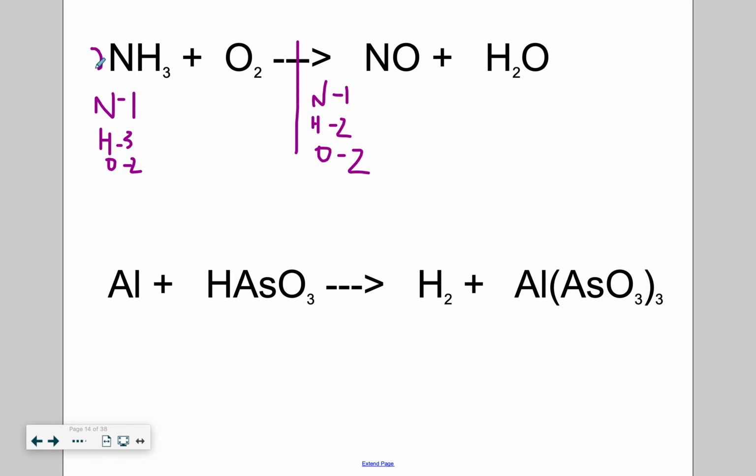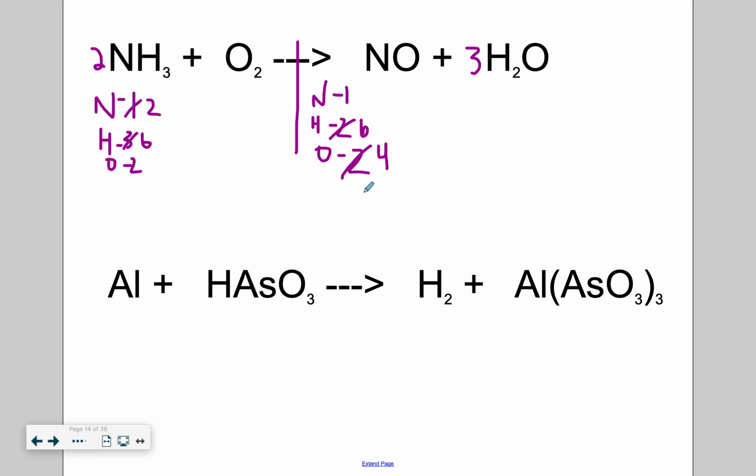So if I put a 2 here, 2 times 3 gets me to 6. But it also affects my nitrogens. So now I have 2 over here. I come back over here, I have 2, so the coefficient I can stick here to get the 6 would be 3. So 3 times 2 is 6, but this 3 also affects my oxygens. 3 times 1 is 3, plus 1 gives me 4.